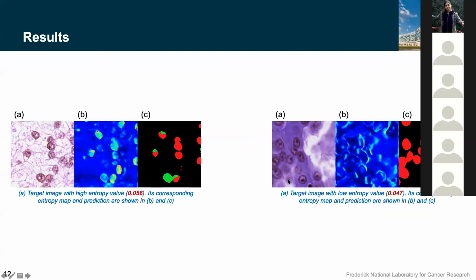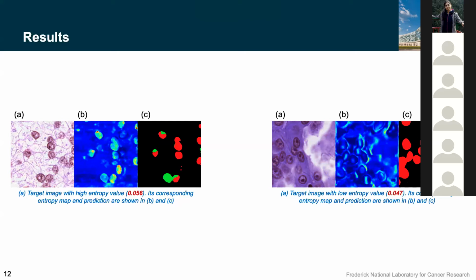On the other hand, on the right side of the figure, A is a testing image with low entropy, B is the corresponding entropy map, and C is the prediction. As you can see, the testing images with low entropy values have relatively cleaner predictions than the testing images with high entropy values.